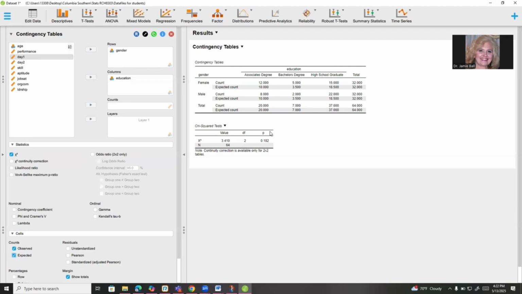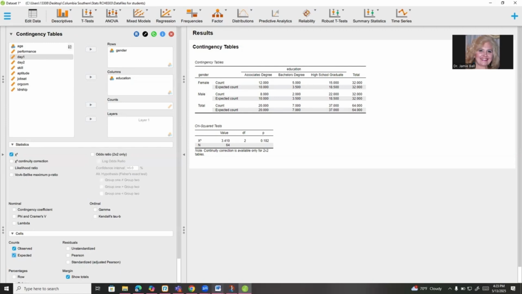So the question we're asking, is there an association between gender and education? P is 0.182. That is greater than 0.05. There is not a significance. I fail to reject the null hypothesis.